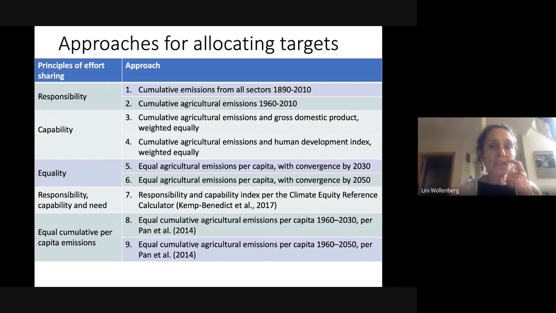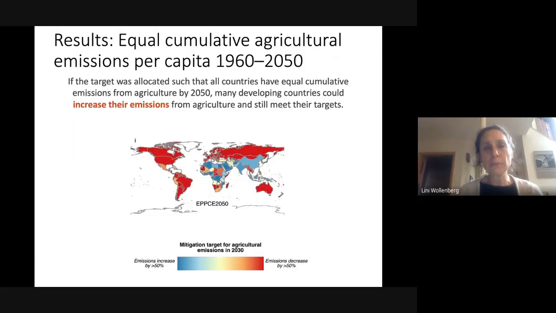Another possibility, this is a really interesting one, is to look at emissions per capita and try to create equality by a certain future year, 2030, 2050. That takes some work to get your head around, but we can talk about that if you'd like. And then finally, some combinations of these things. So really it's about whether you're looking at the responsibility because of past emissions, the capability of a country, or trying to create some per capita equal number.